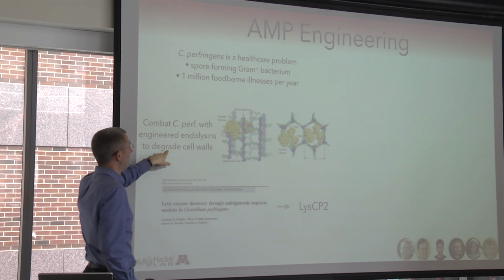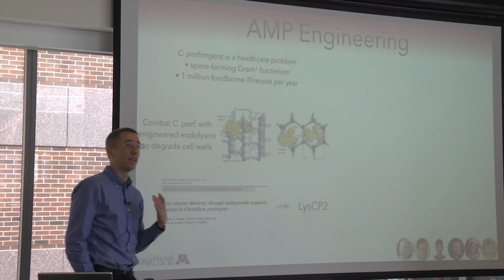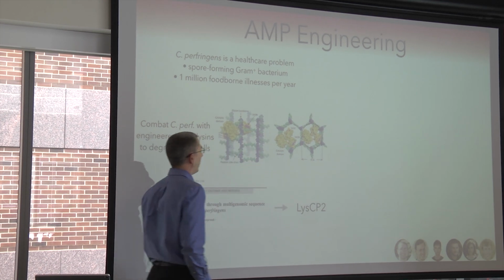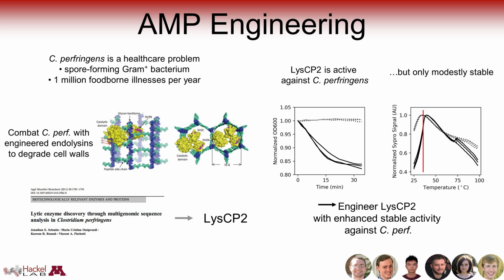So one possible approach would be to take endolysins, which are catalytic enzymes that chew up the cell wall. There's a pair of domains: one domain that binds to the bacterial cell wall, and a second, catalytic domain that then degrades that cell wall. If there's sufficient cell wall degradation, the bacterium doesn't have stability anymore and it can die.